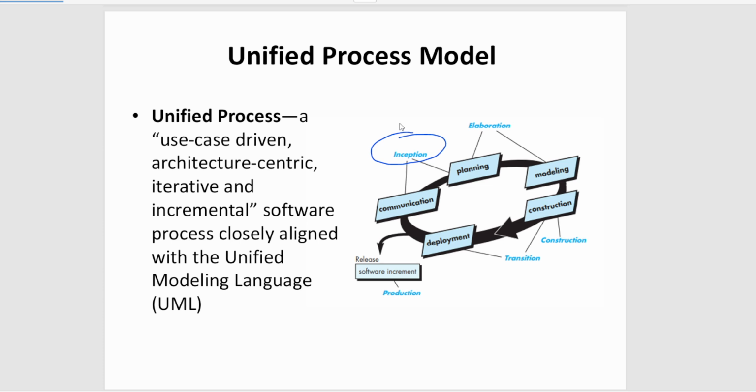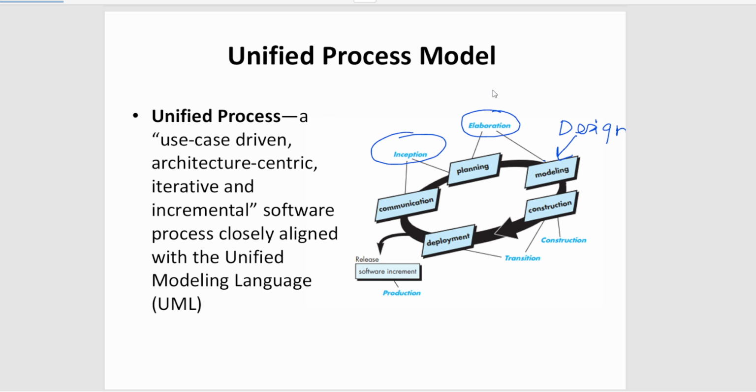Likewise, when we start planning and want to create design, we create the design in the modeling part. In going from planning to modeling, we use an activity known as elaboration. In elaboration, we enhance whatever we learned in the inception phase.